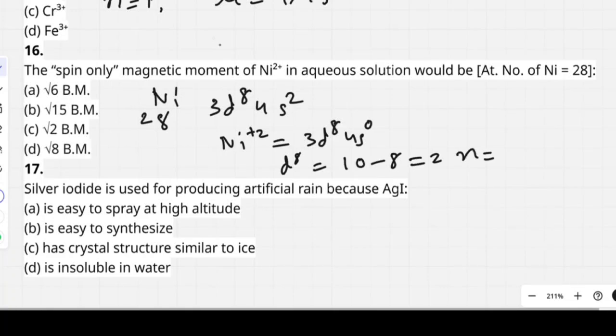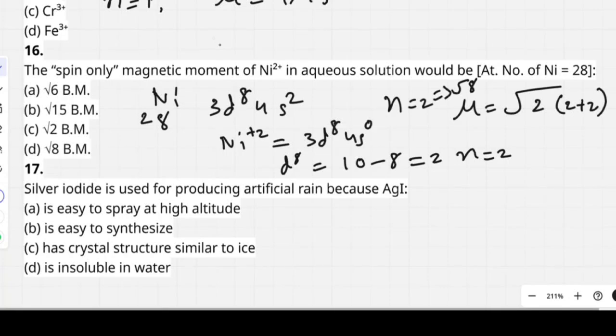N is equal to 2. So the magnetic moment mu is equal to the square root of n into n plus 2, so 2 plus 2 is 4, 4 twos are 8. For n is equal to 2, mu is equal to square root of 8 Bohr magneton. So option D is correct.